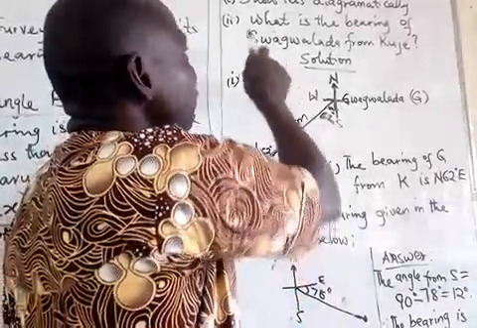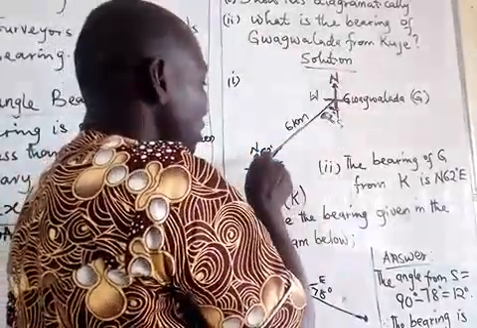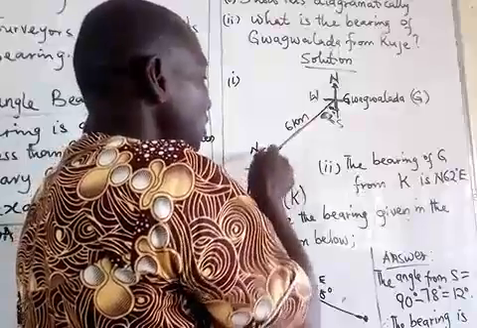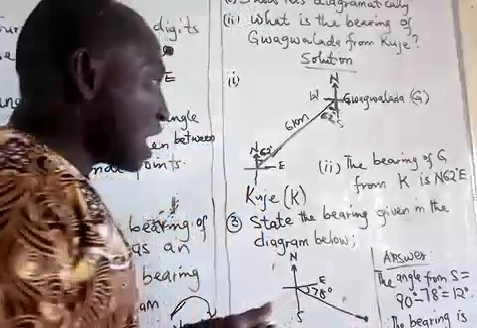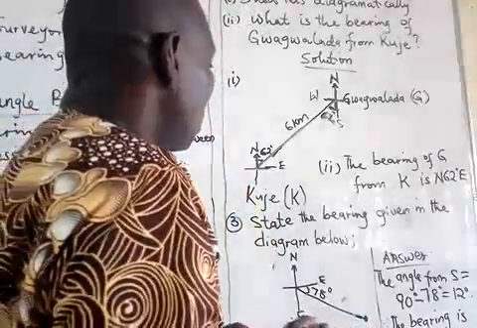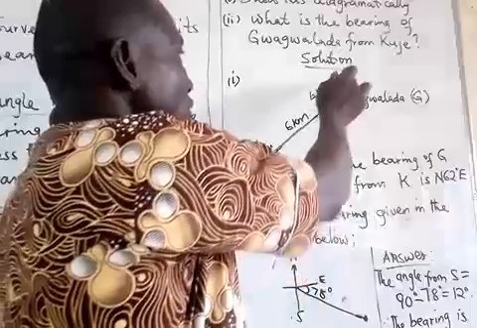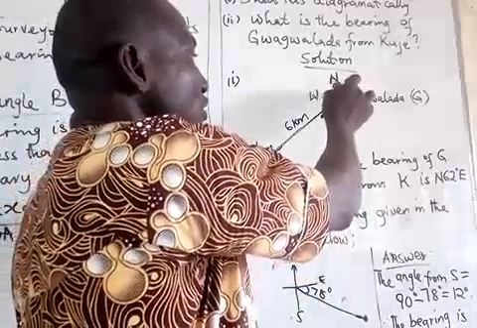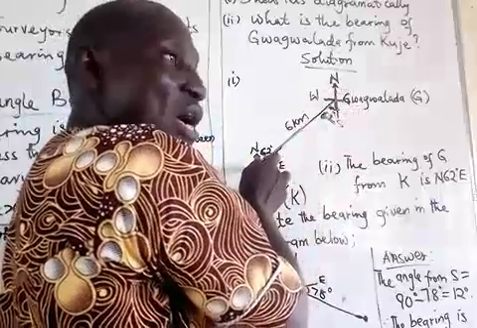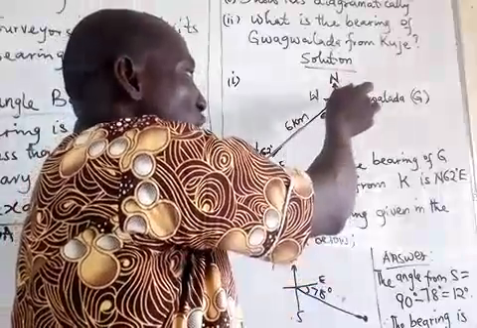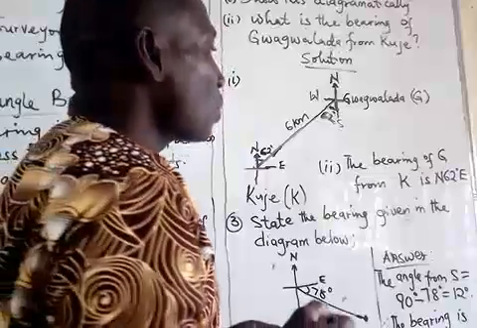The first question says I should show this diagrammatically, and this is the diagram as required in I. So when you turn 62 degrees southwest, you will see Kuje 6 kilometers away from Gogolada.